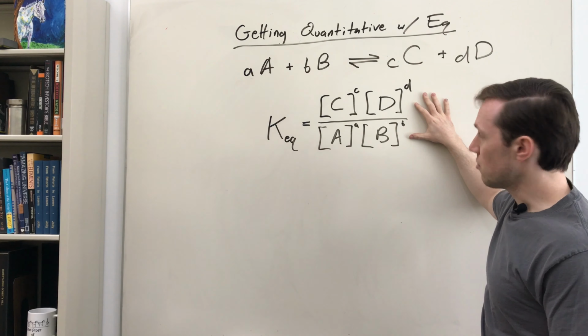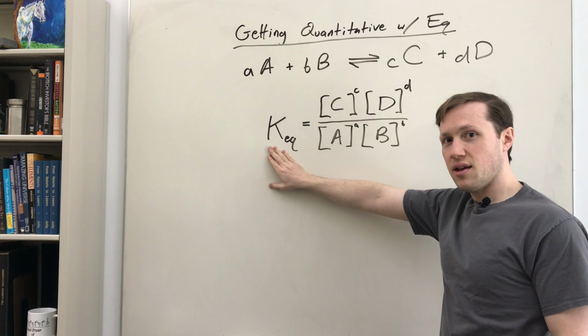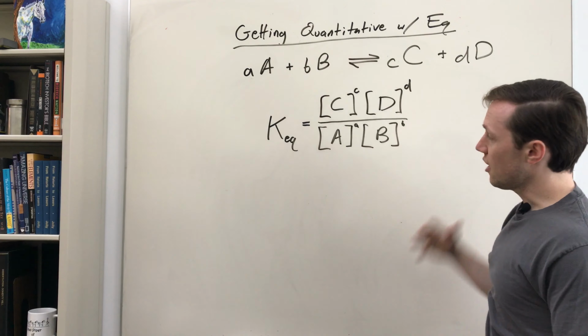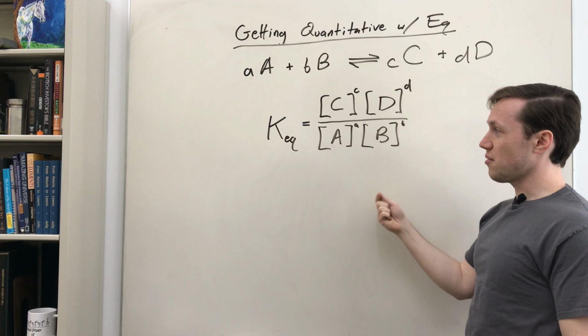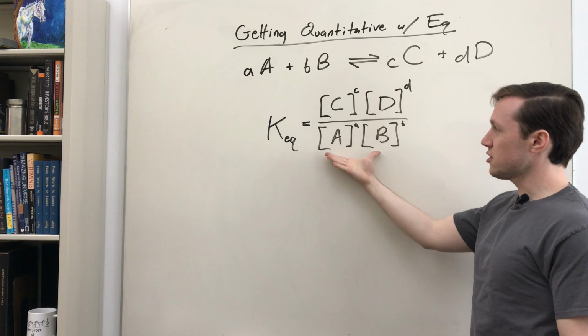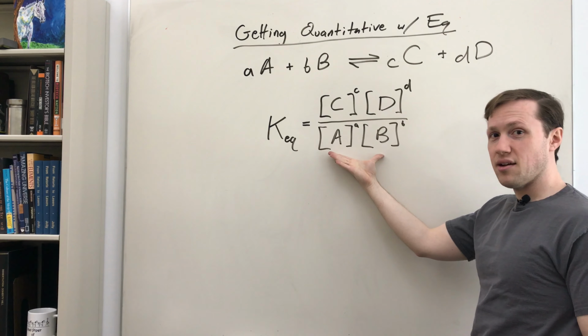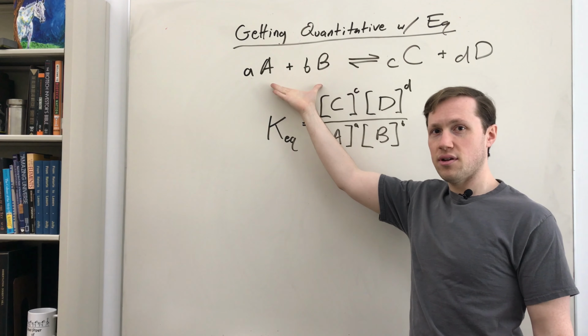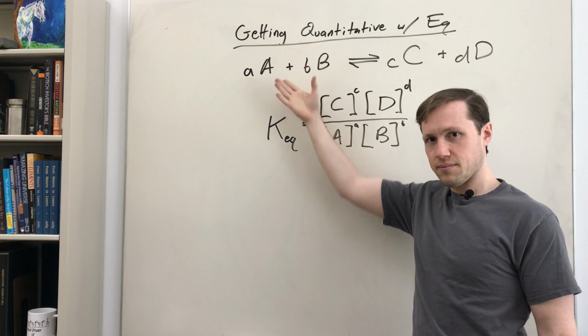So if our equilibrium constant is really big, that represents a reaction that favors the products. And by comparison, if our equilibrium constant is really small, it must mean A and B are quite large, and that's a reaction that's going to favor the reactants.